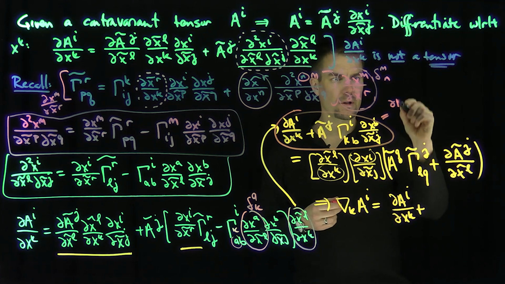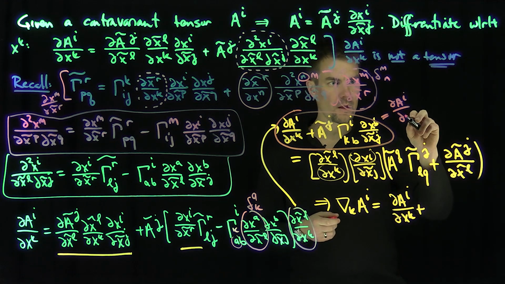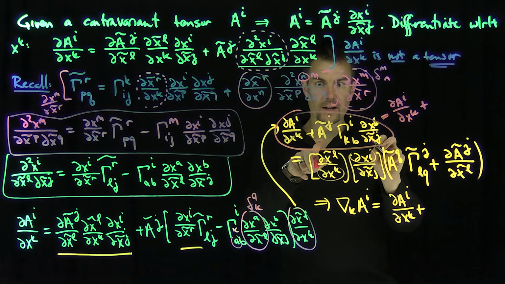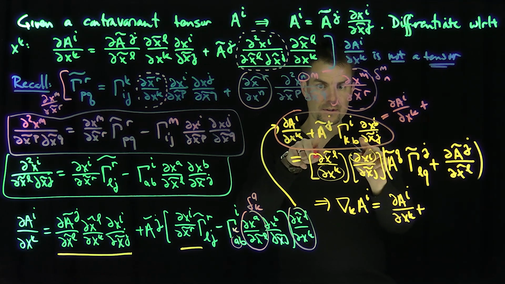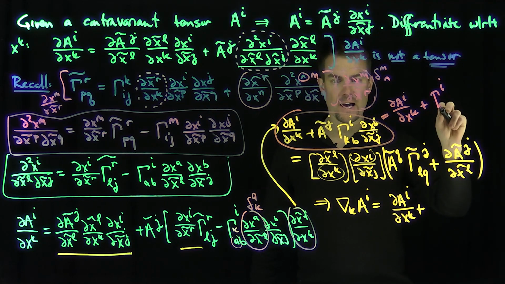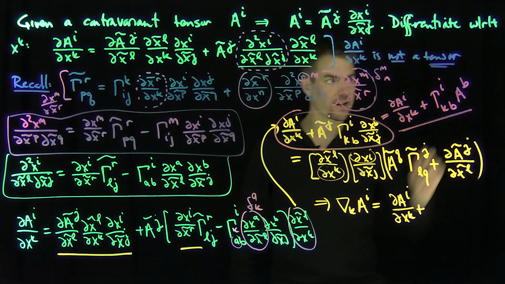This is really partial AI, partial XK, plus I can turn this into a regular what? I can turn that into a regular A, what can we change this into now? The tensor relationship, I can turn that into an A sub B. So plus gamma I K B A, B. So that's just plain like this.